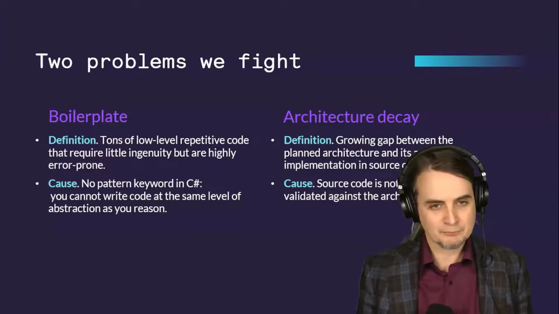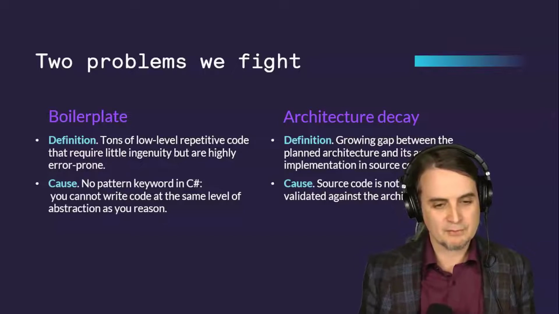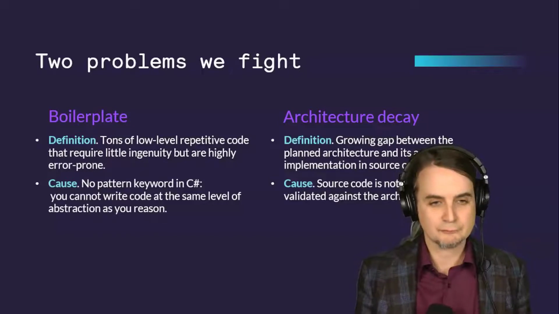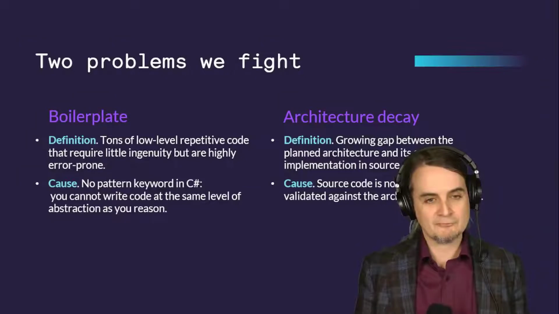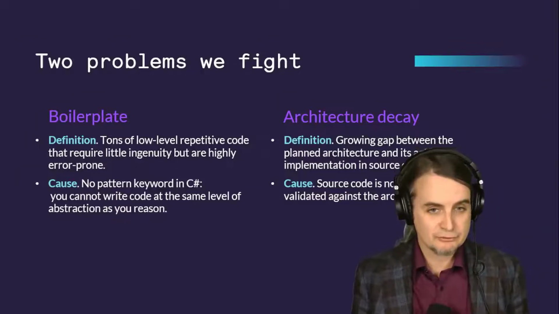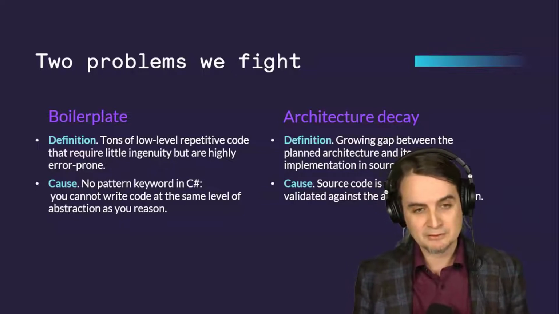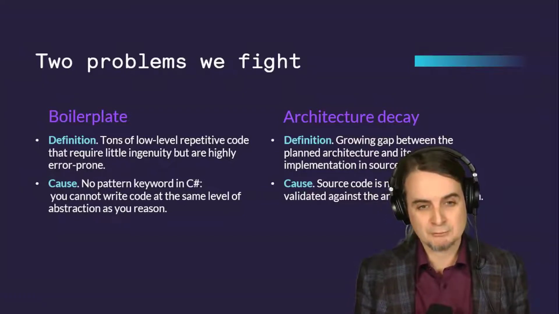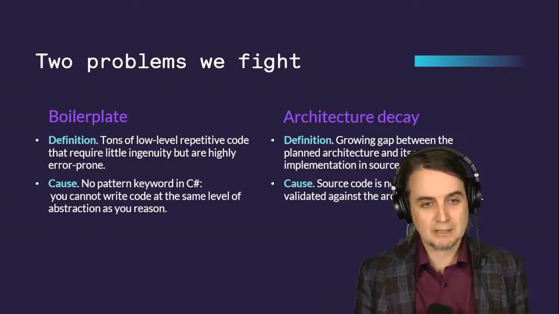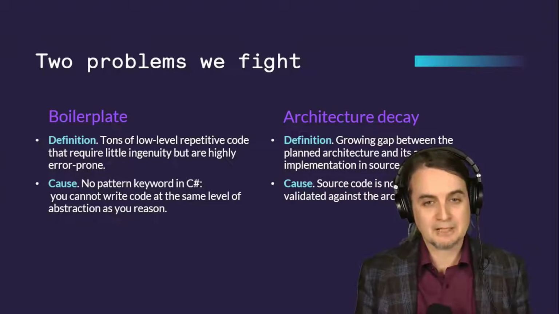It's very repetitive, but it is necessary for the feature. The cause of boilerplate is a limitation of the C# language. The C# language doesn't have an abstraction mechanism to encapsulate repetitive code like patterns.